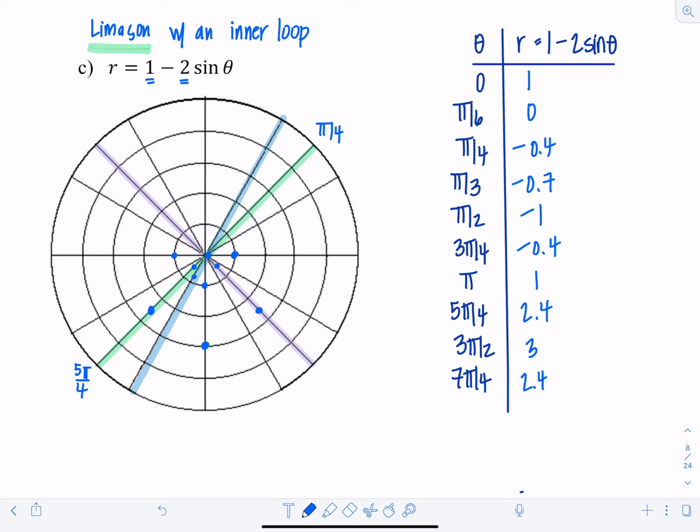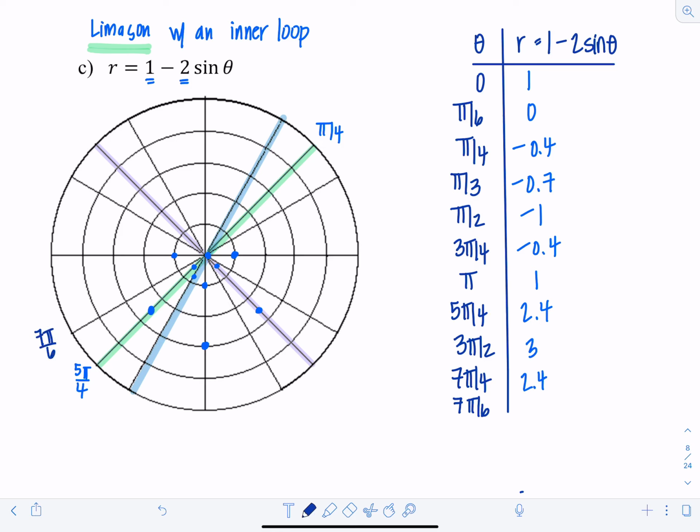Okay, do you kind of see what's going on? I feel like we need another point just to complete the picture. Let's add 7 pi over 6 here. Why am I doing that? Because I want that inner loop nice and complete. So here's 7 pi over 6, right?